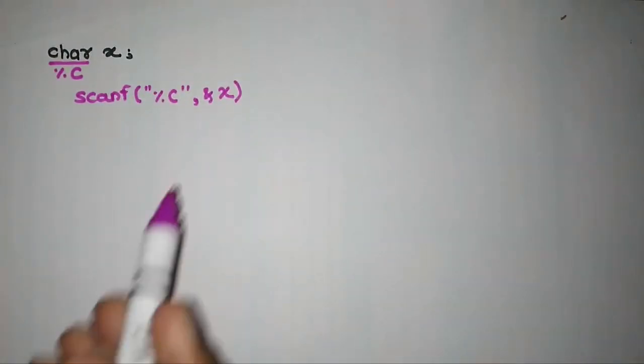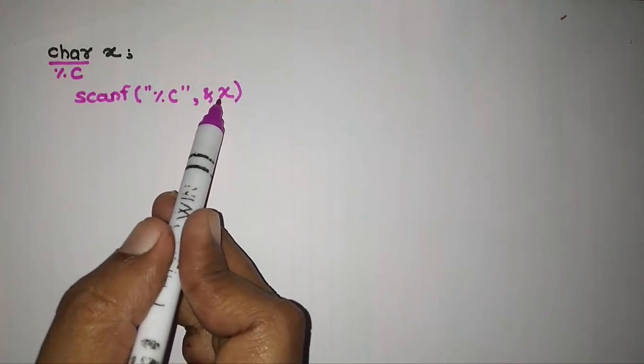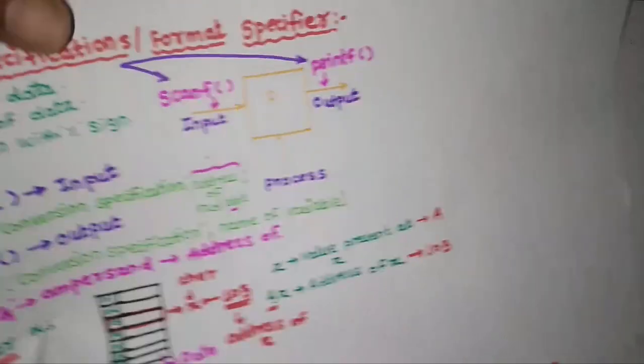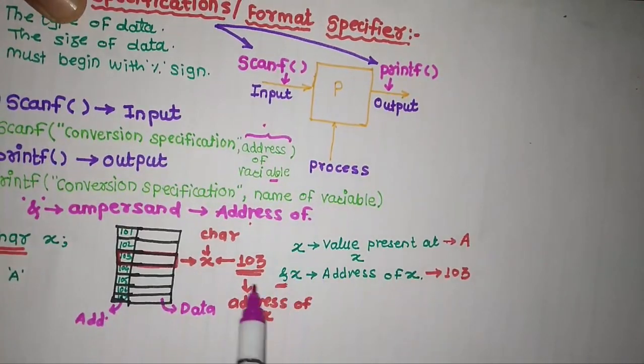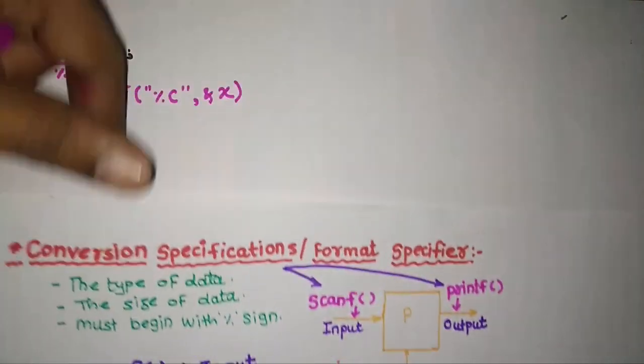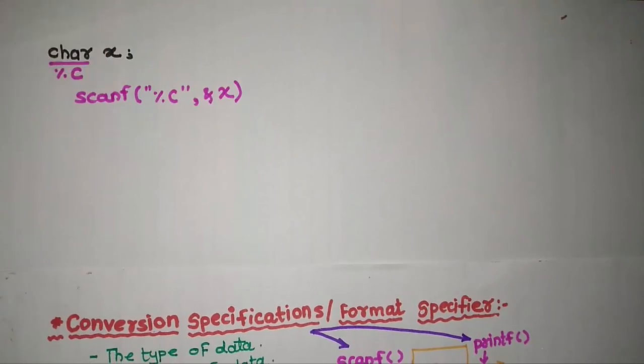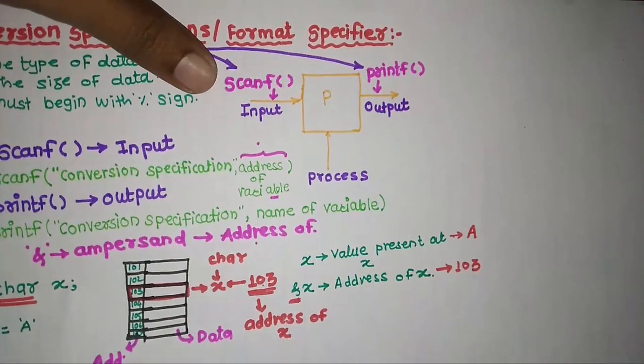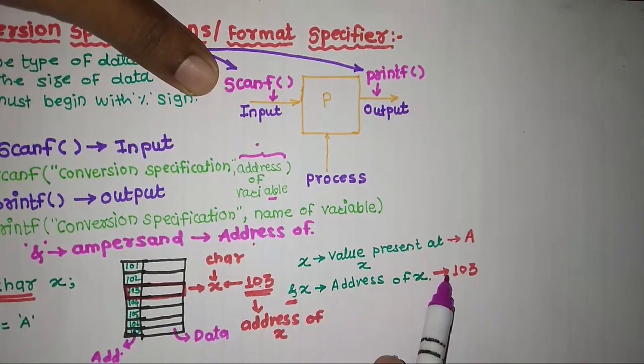That means the value assigned is stored at the address of variable x, and the address of variable x in our case is 103. By using the scanf function, whatever value we assign to variable x is stored at location 103, the location reserved with the name x.